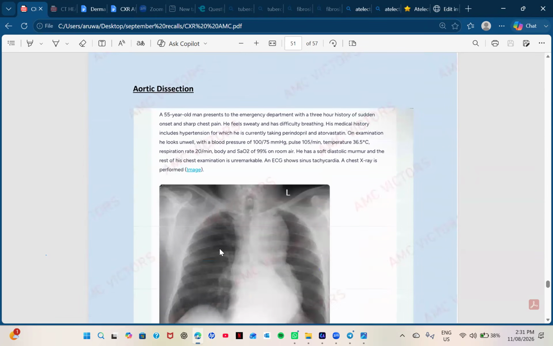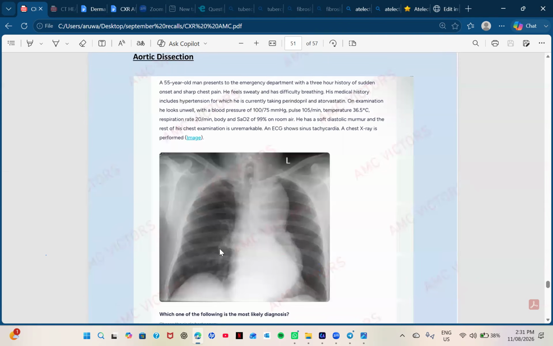Like that. Okay, so aortic dissection, how does it present, doctors? Aortic dissection, chest X-ray finding. I have explained the CT, right? Chest X-ray, how does it present?